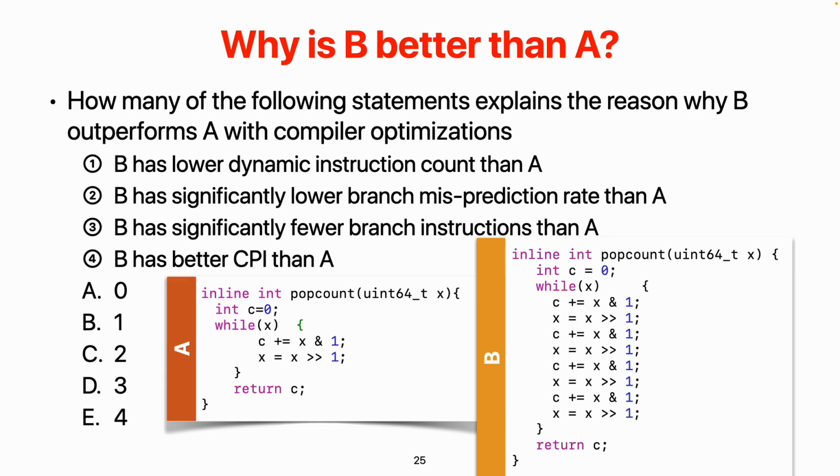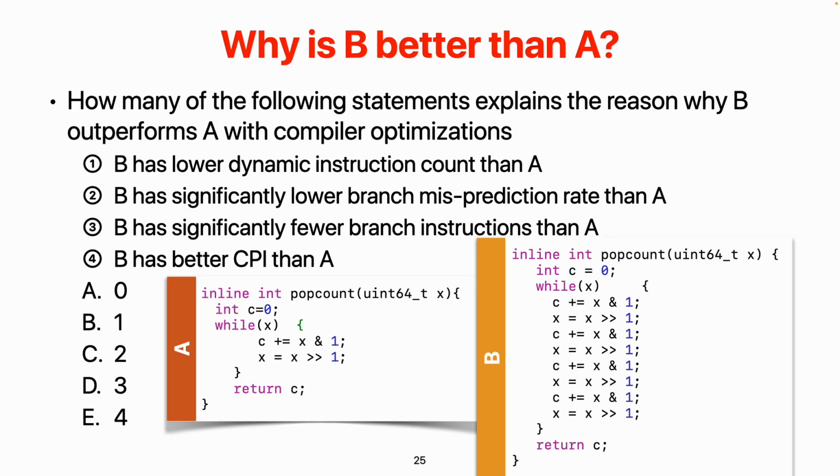Whenever x is a non-zero value, we are going to branch back, but when the number is 0, that's kind of unpredictable. So we are always going to mispredict at the very end. However, if you always have one misprediction and you have fewer predictions to make, who would have the higher misprediction rate? Actually, B's misprediction rate is probably going to be higher. However, because we have fewer branches, maybe the performance will be better.